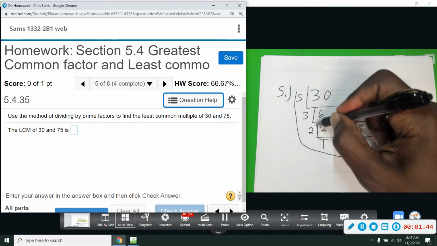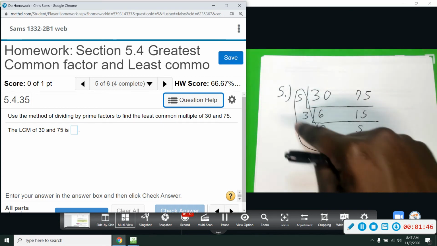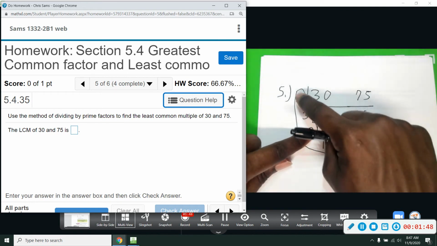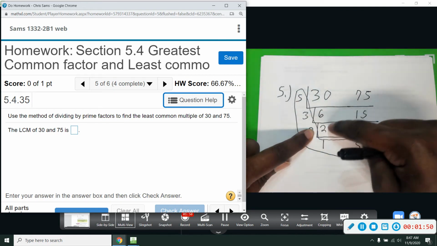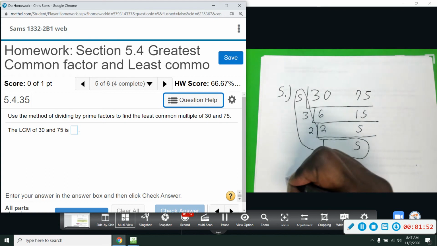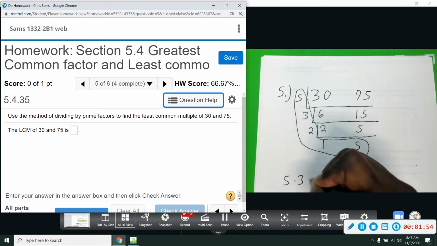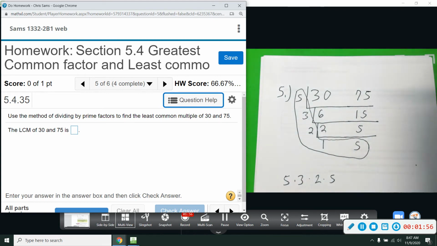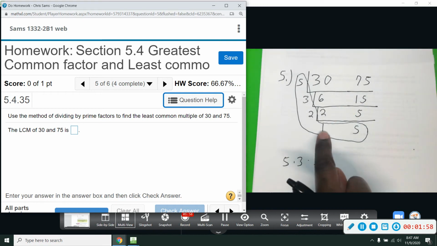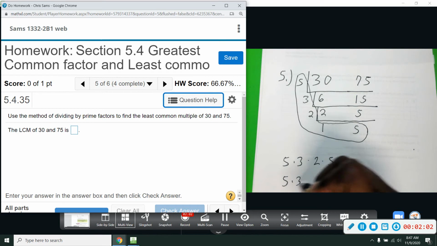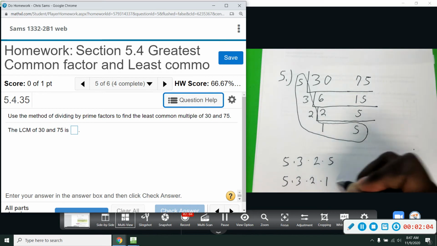So had I stopped at this step, I would have done 5, 3, 2, and 5, which is going to get us the exact same thing because all we're doing is multiplying by 1. So 5 times 3 times 2 times 1 times 5.